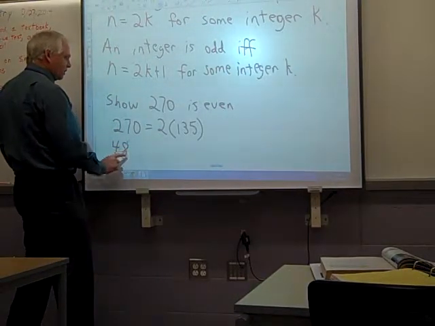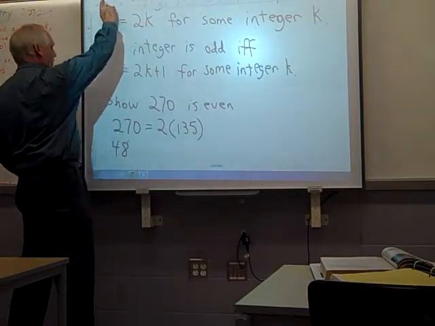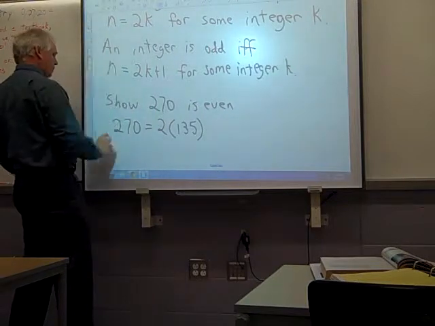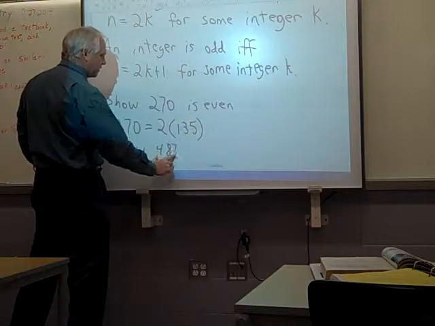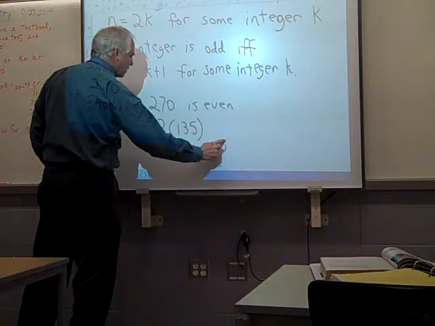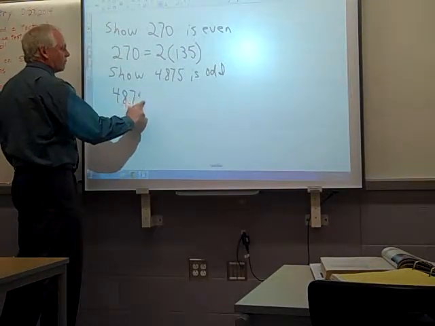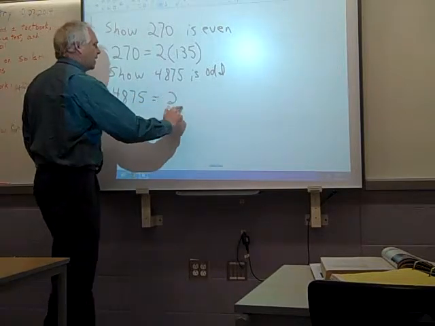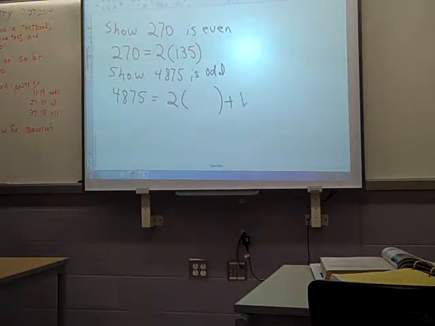Let's use the definition to show 4,875 is odd. By definition, that means there has to be an integer that I can put in the parentheses there that would equal 4,875.